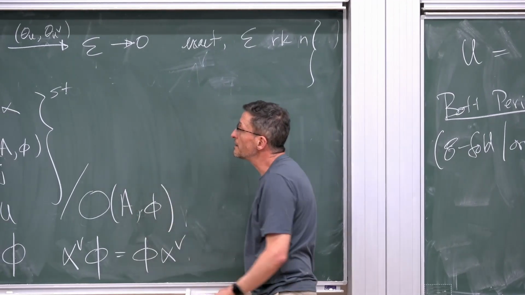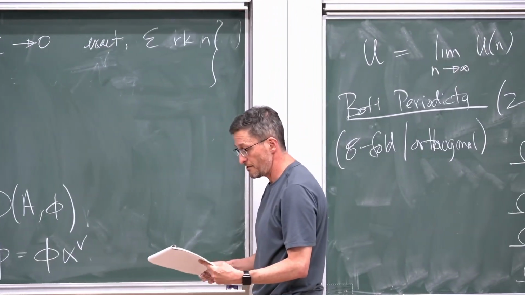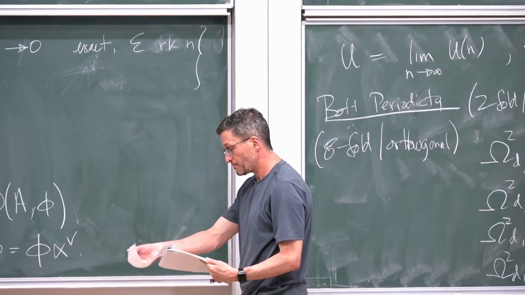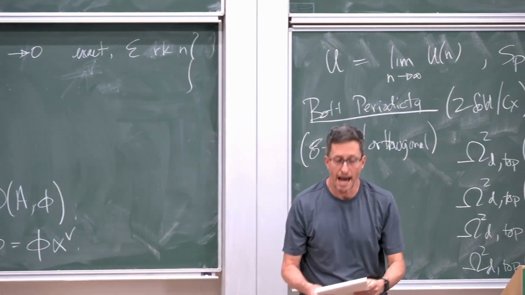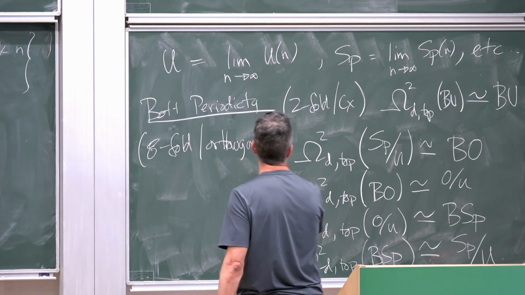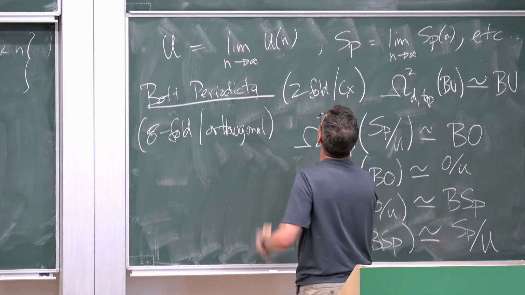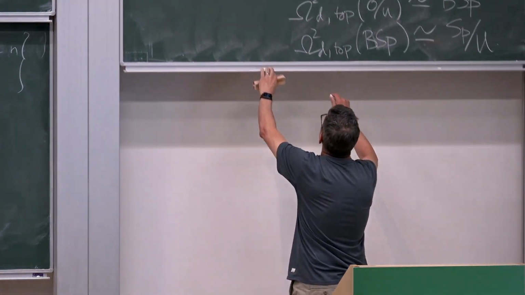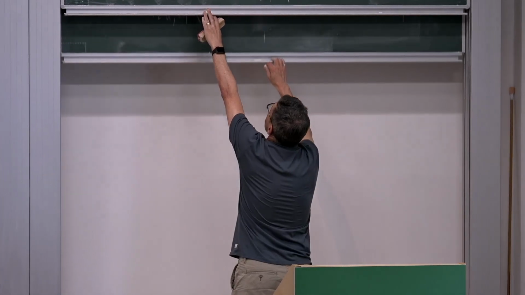Okay, so this is the theorem. And let's see how that leads to some Bott periodicity statements. I guess I've got that up there, so we can redo this diagram in this context.